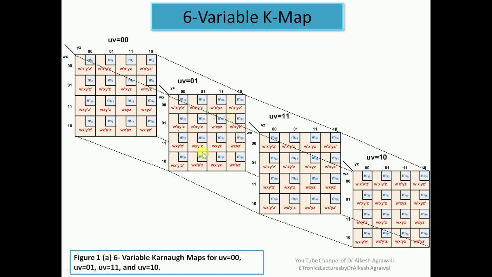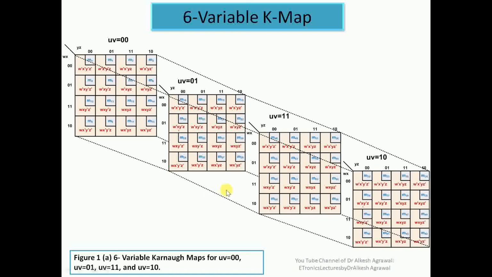Minterms from UV equal to 0 1 can be combined with minterms in UV equal to 1 1, and minterms in UV equal to 1 1 can be combined with minterms in UV equal to 1 0, and the minterms in UV equal to 0 0 can again be combined with minterms in UV equal to 1 0, or the minterms from all the maps can be combined together if they are in the same cell locations in overlapping position.